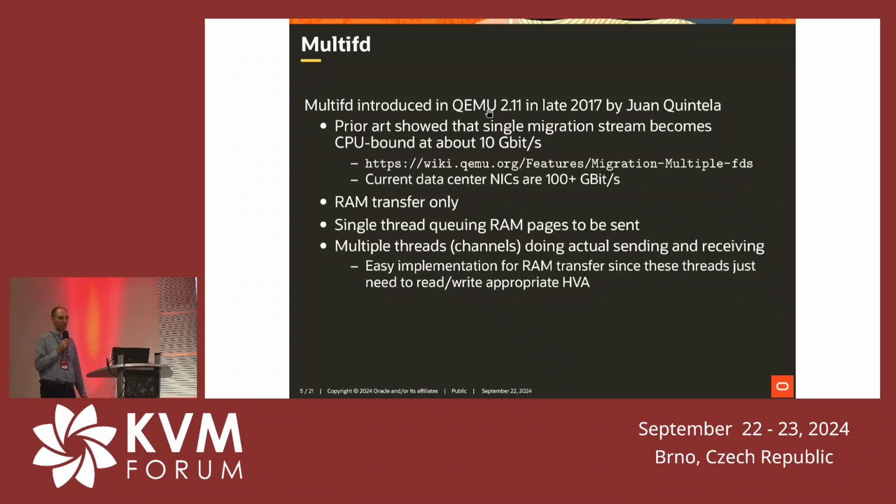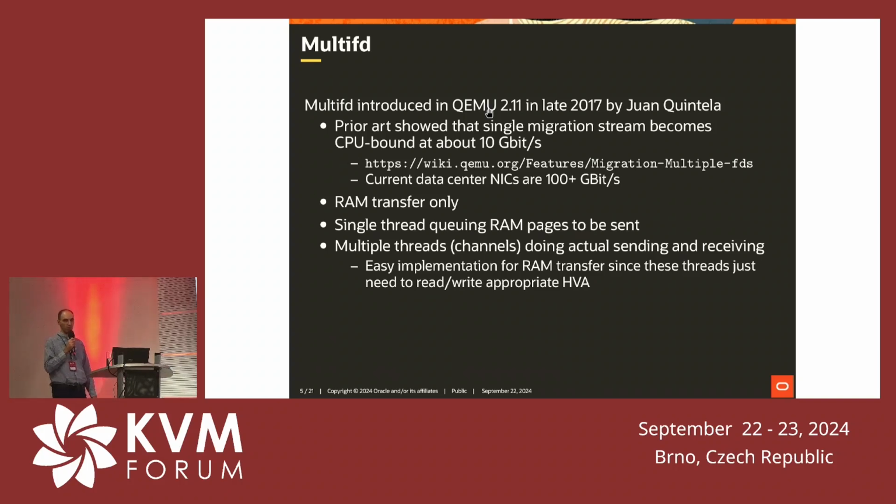It cannot do any kind of device state in its current state. What it does is basically queue all the RAM pages which need to be transferred to channel threads, and the sending and receiving actually happens in parallel in those threads.